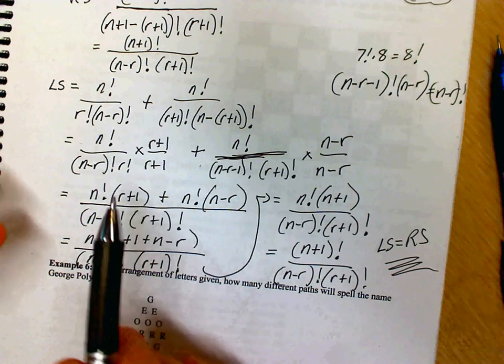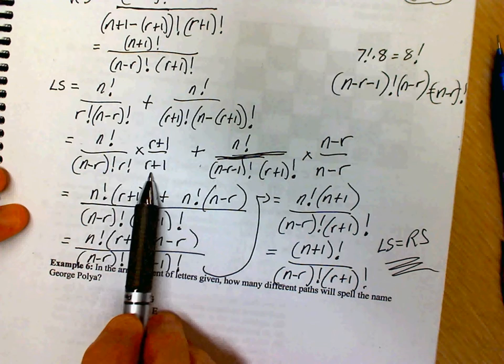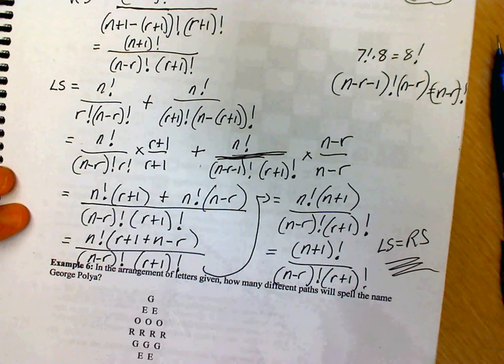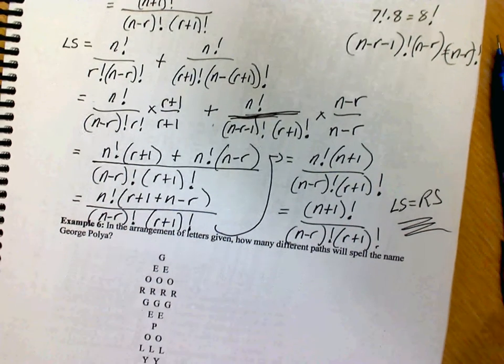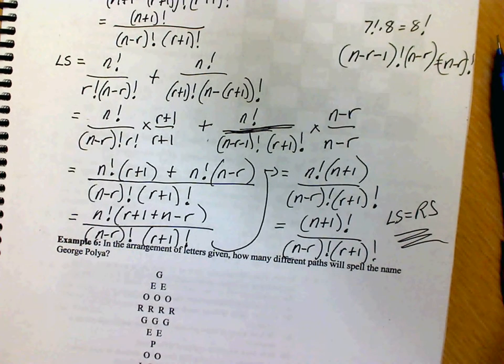Where r factorial times r plus 1 is just r plus 1 factorial? Right? Can I elaborate on anything else or explain anything better? We're good? Okay. If not, when I turn it off, we can talk about it.